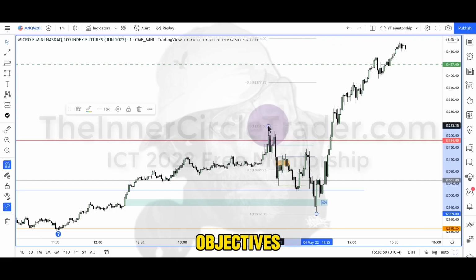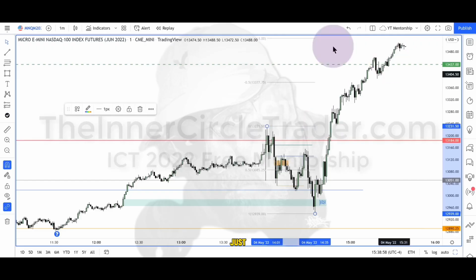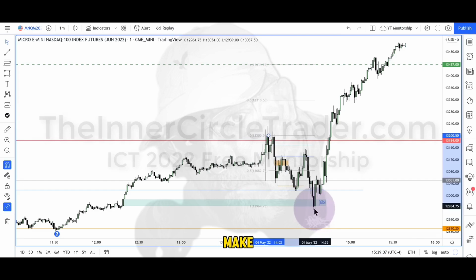I'm looking for upside objectives. Okay, so low up to high. Here's one objective. Here's two objectives. And now we're just falling short of that one. Okay, so that's kind of the extreme target for me today. But if you look at the body to body, it'll make a whole lot more sense in a moment. There's that target I was looking for there.